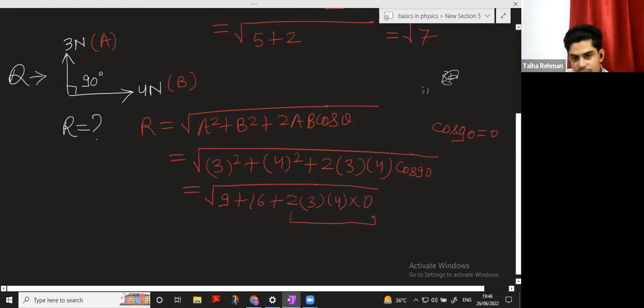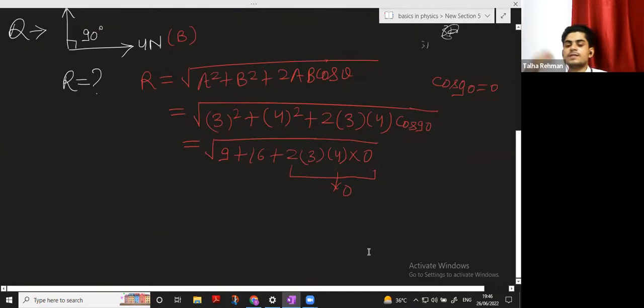So this whole term will become 0 now. If we multiply anything with 0, it becomes 0. Like I am multiplying 1 crore with 0, so it will become 0.